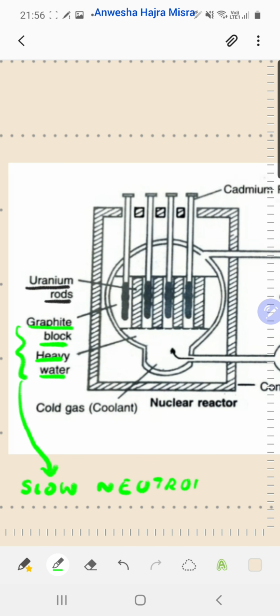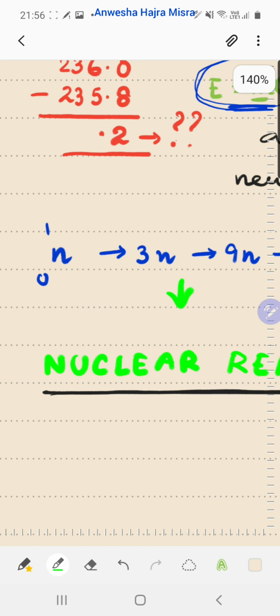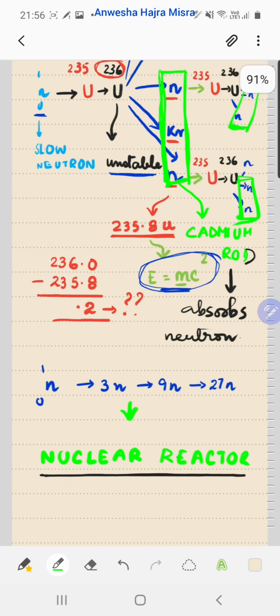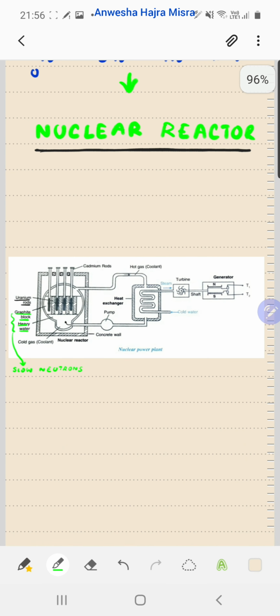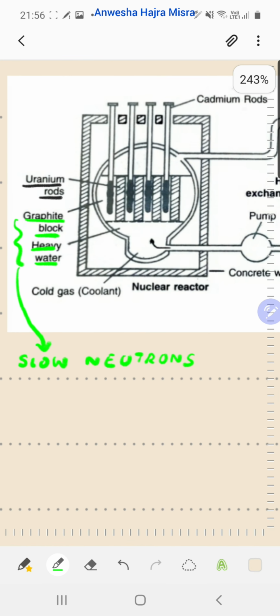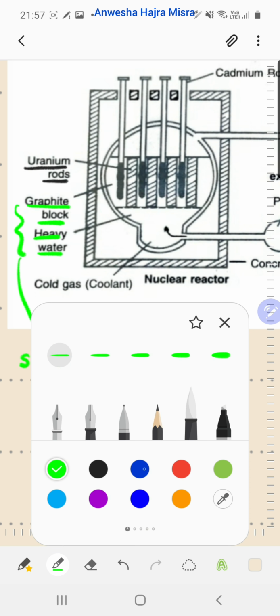Why do you need slowing down neutrons? Because to start the reaction, you need slow neutrons. So here, the graphite and heavy water slow down the neutrons.